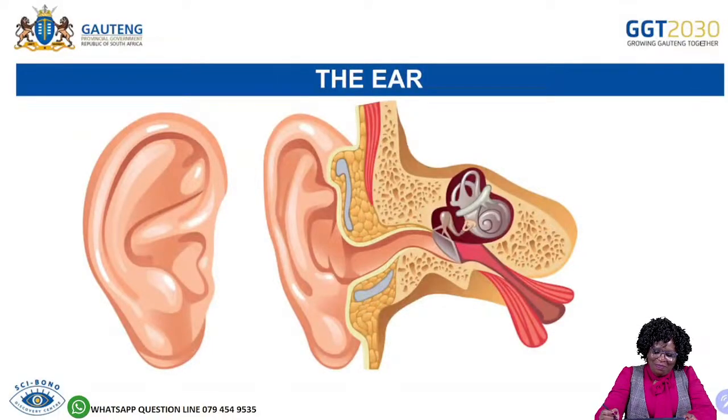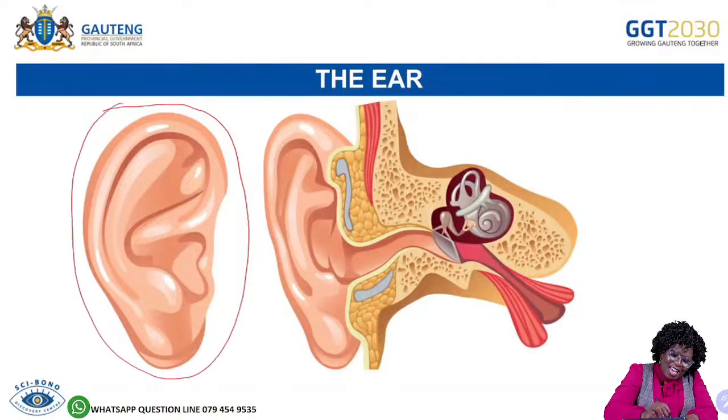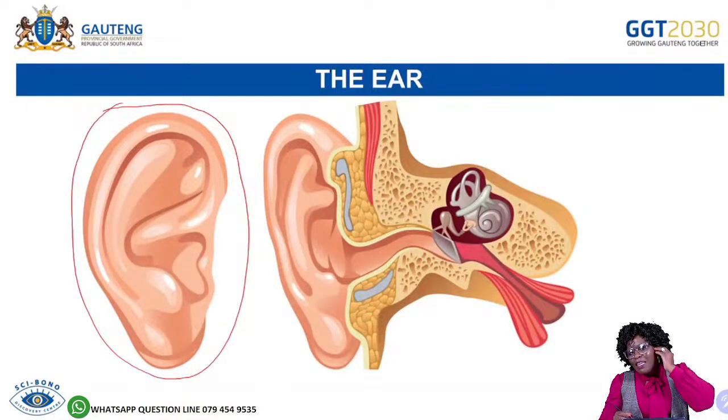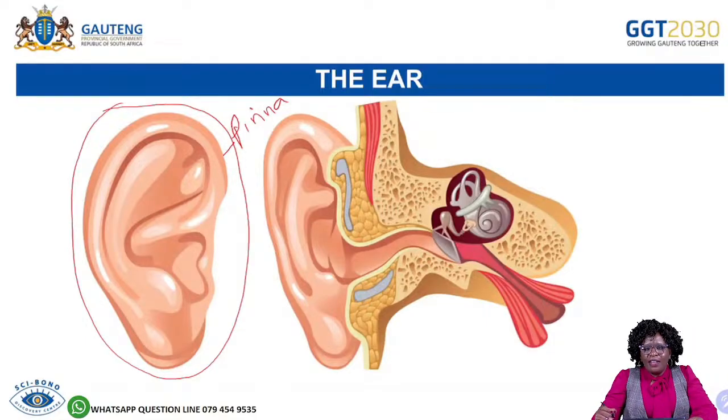This is the ear. And I know grade 12s, what you can relate with this full diagram is basically this big structure that we see from outside, and this is the pinna. However, the ear is not only what we see from outside.